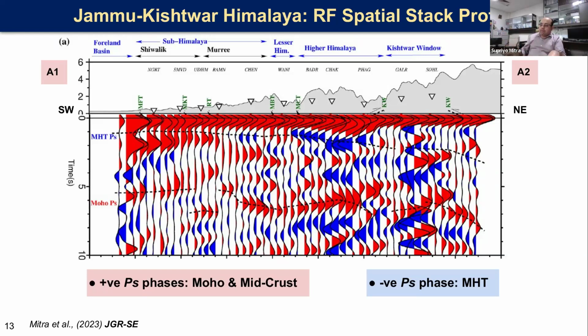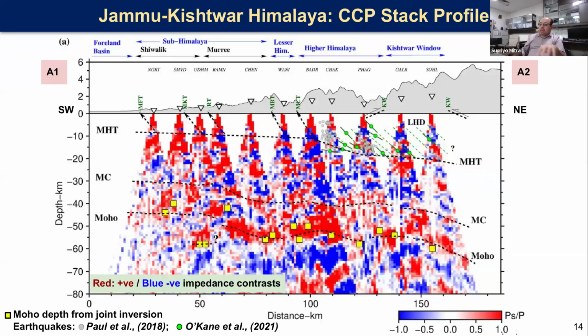Therefore, what we do is we convert them into common conversion point stacking, which is like a migration along the ray path and then looking at the conversions at depth. And here is a CCP stack. So again, here red is positive velocity increase or positive impedance contrast, and blue is negative impedance contrast, velocity decrease.